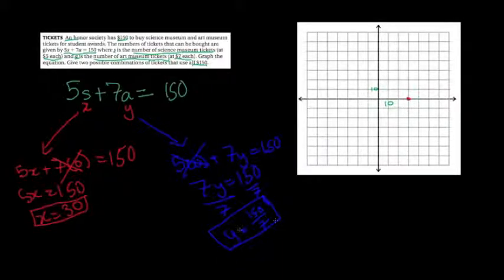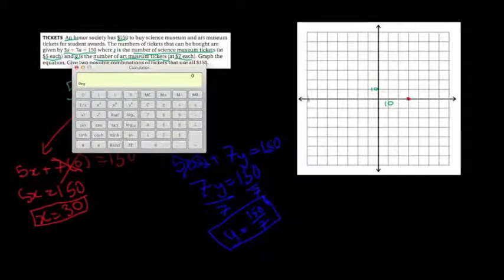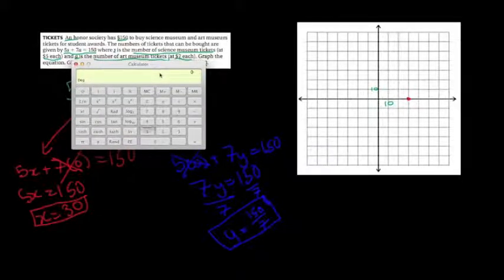And then y is equal to 150 by 7. We're just going to use our calculator to approximate where that might be, because 150 by 7 is not a whole number, so we can't really tell that easily. 150 by 7, that's going to give us 21.42. So this is going to be somewhere right around the 20 mark.